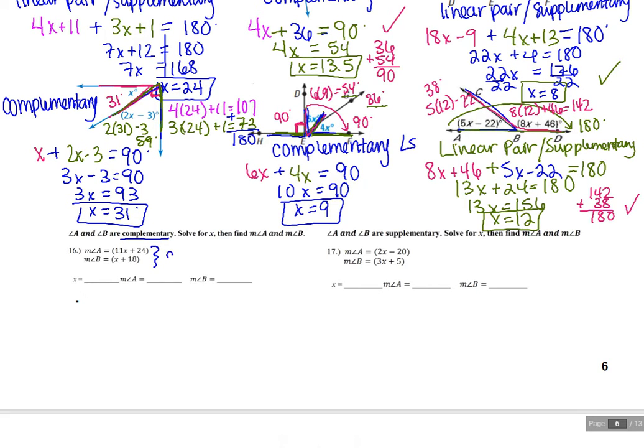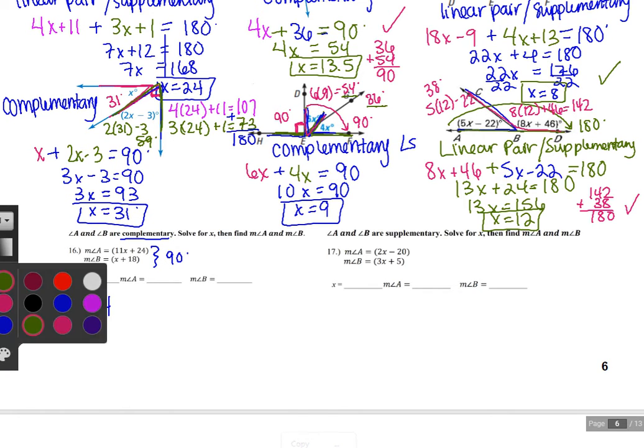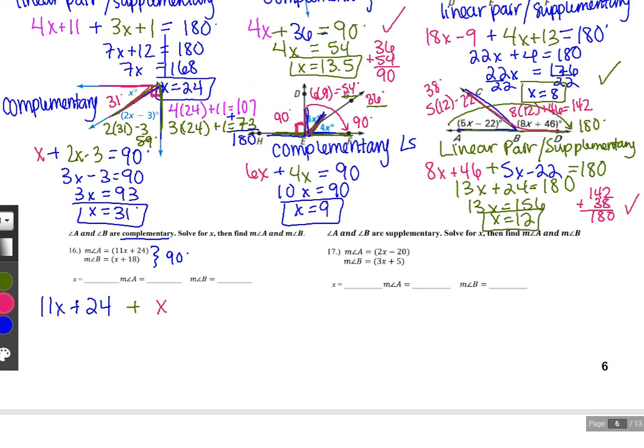So angle A equals 11x plus 24, and then angle B equals x plus 18. And we know that equals 90 degrees. So now we just have to solve.